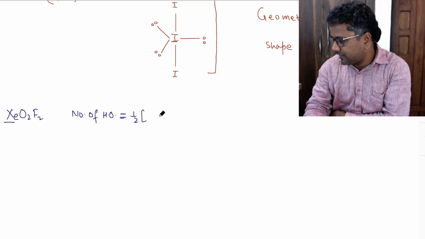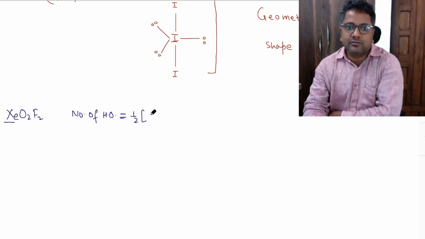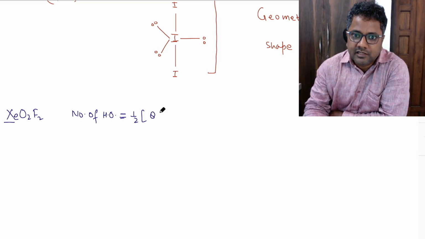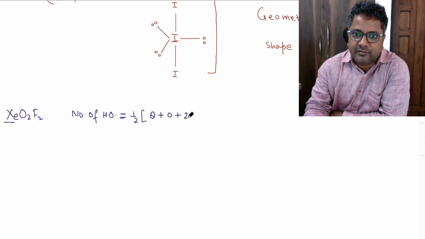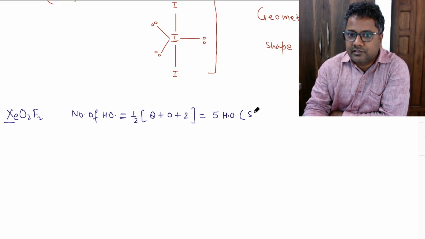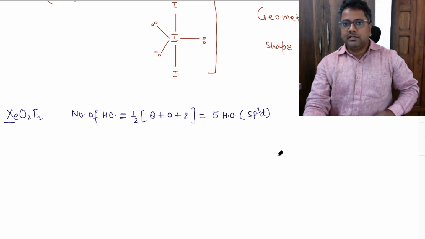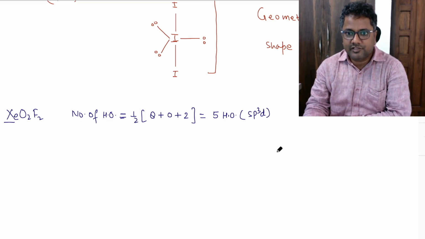Number of valence electrons in xenon is equal to 8. Oxygen is bivalent, so its contribution is 0, plus fluorine is monovalent, so its contribution is 2. So you will get 5 hybrid orbitals, and this is sp3d hybridization, right?